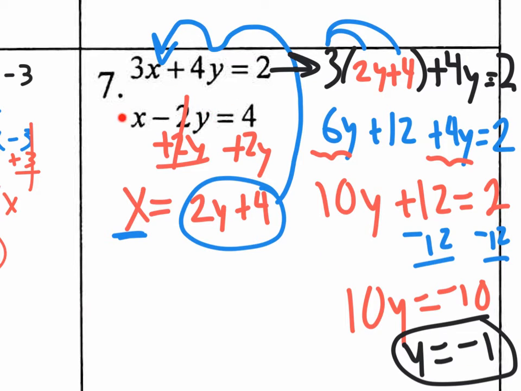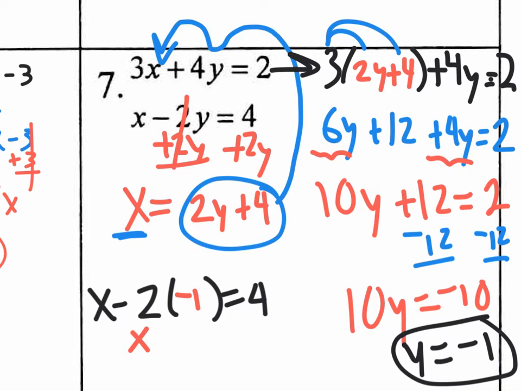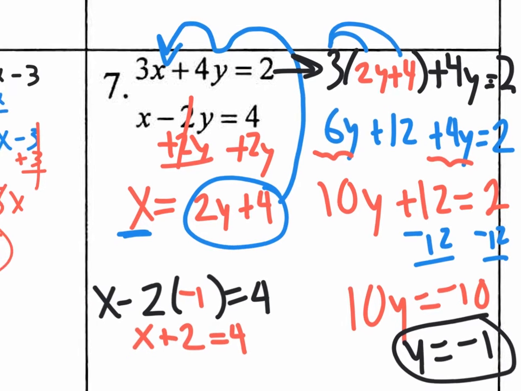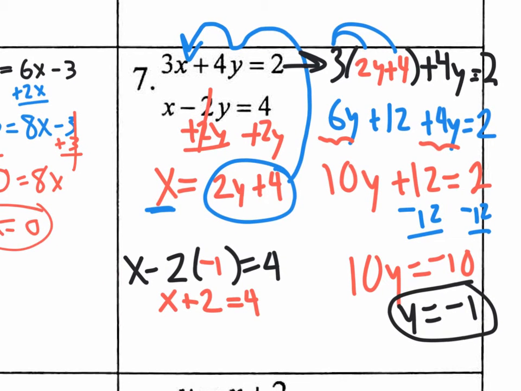So let me rewrite this. X minus 2y, put the parentheses there, equals 4. Let me plug in the negative 1 now right into the parentheses. And now I could solve for x. That's really going to be x plus 2, because a negative 2 times a negative 1 is positive, equals 4, which means that if I were to subtract 2 on both sides, my answer is x equals what? 2.